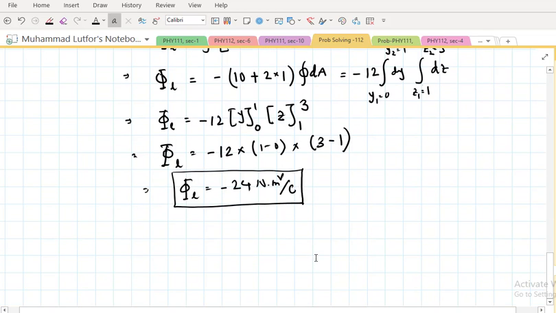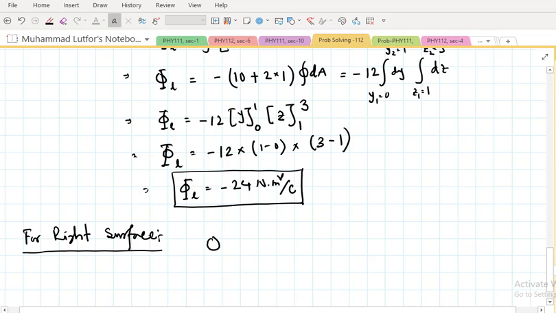Now for the right surface, don't think about it, it's not going to be plus 24 because your x is changing for the right surface. So let's find out. For the right surface, I'll write down phi r would be E dot dA at x equal 4.